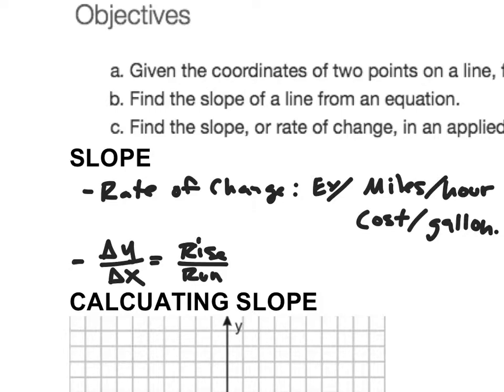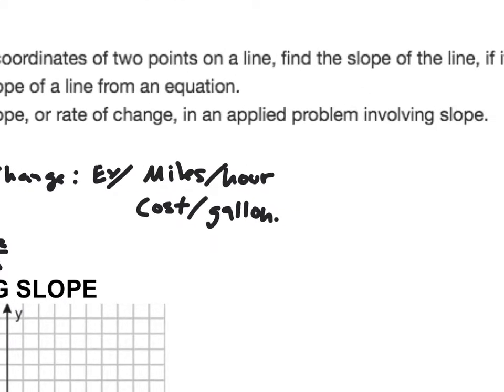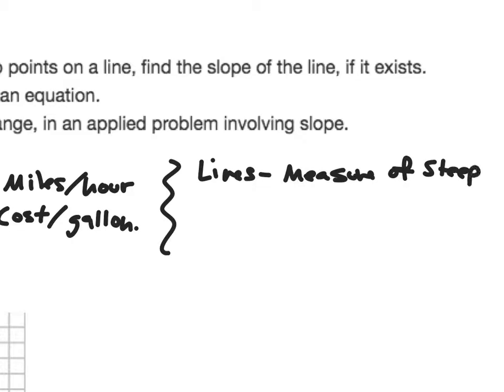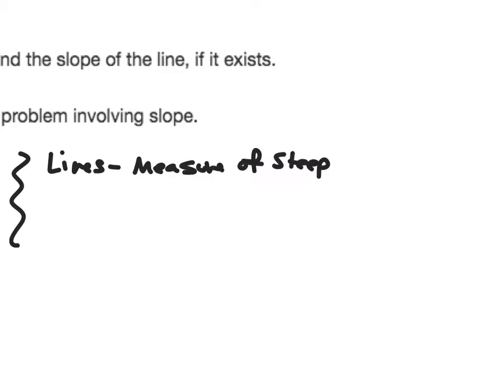But basically, what I want to talk about with slope when we're talking about lines is a measure of steepness. That's why, when we go skiing, we say let's go hit the slopes. If you think of green runs, they're not that steep.